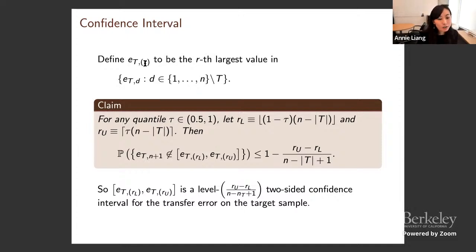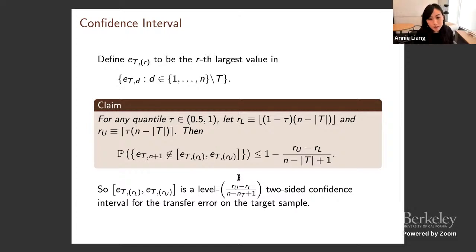So for any R, let's define this to be the rth largest observed transfer error when transferring to test domains in our metadata. Then the probability that the transfer error onto the target sample falls outside of this interval here is no more than this right-hand side. Therefore, we can take this interval as a two-sided confidence interval for this transfer error on the target sample, which we don't know, with the following confidence guarantee.